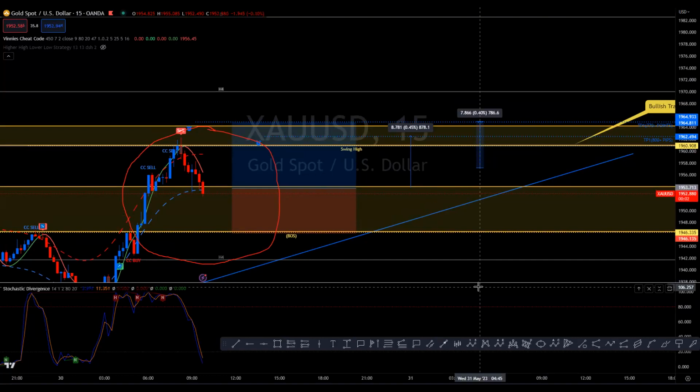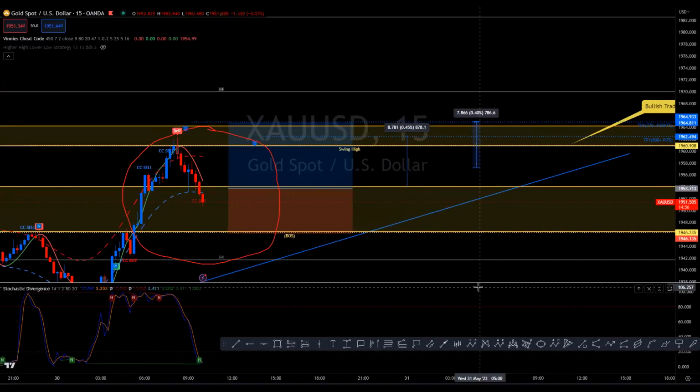Three, two, one. See a cheap code buy. When price starts to shoot up, we're going to go in for it. We got to see a cheap code buy, people. Let's wait for it. Got it right here.